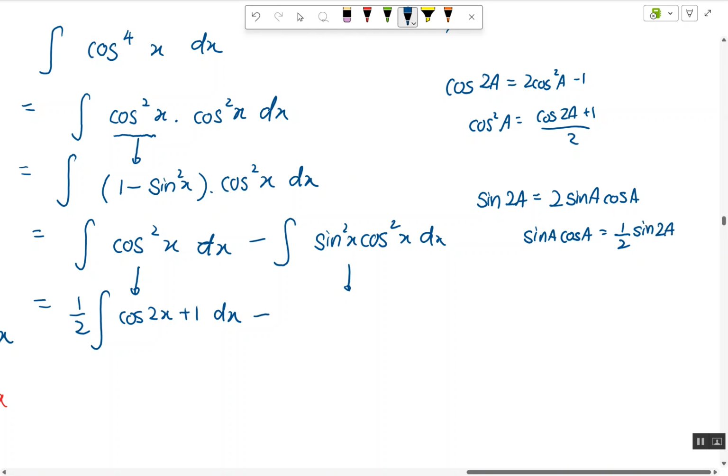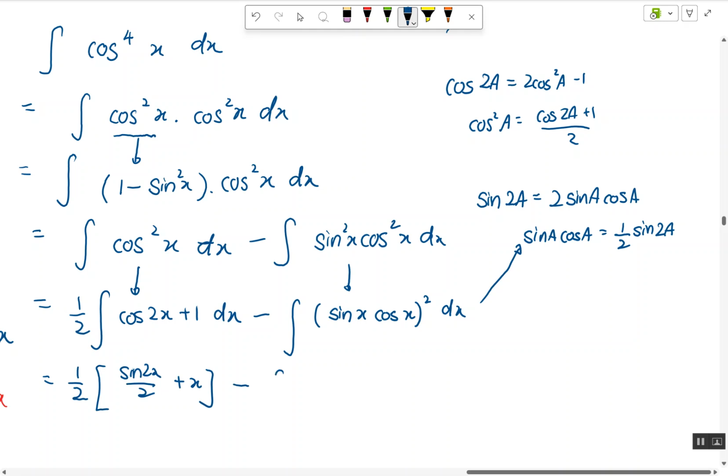So this is the integral of (sine x cos x) square dx. Can I apply this inside? Yes, I can. So I'm just going to write half integrate cosine, this will be sine 2x over 2 plus x, and then minus the integral of (sine 2x over 2) square dx.